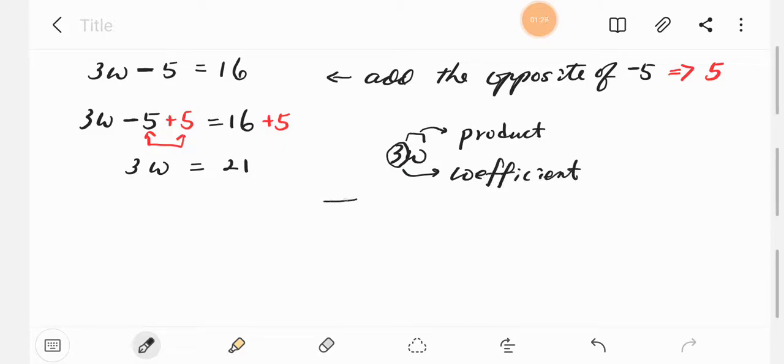So in that case, we will divide each side by what? Divide each side by the coefficient.